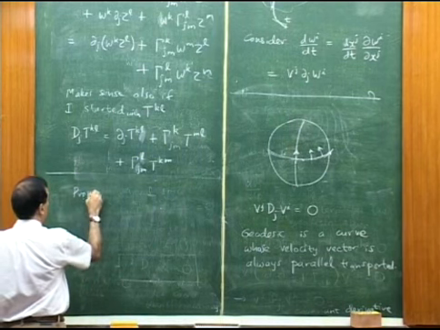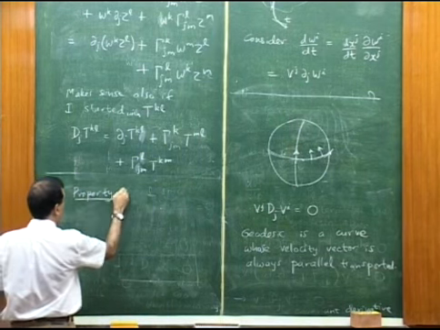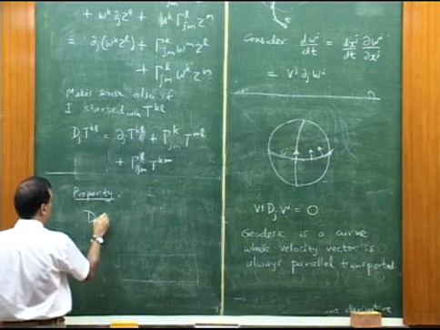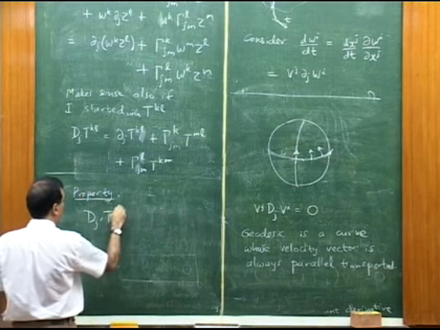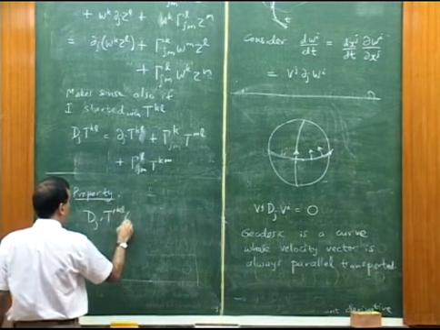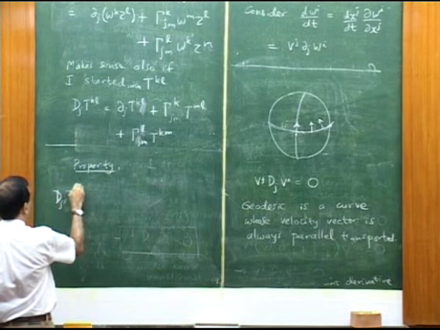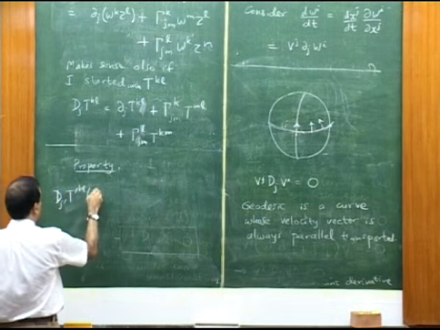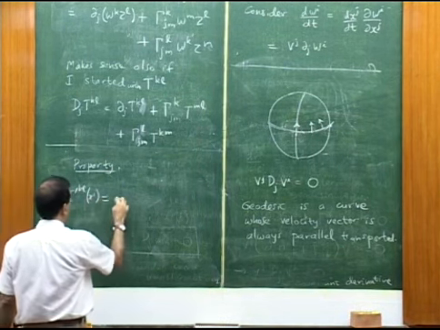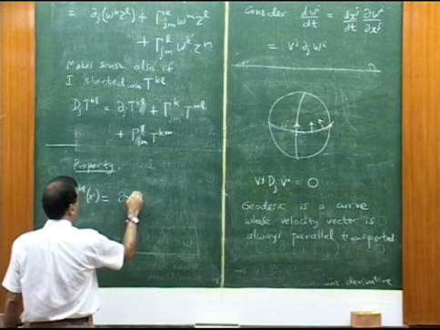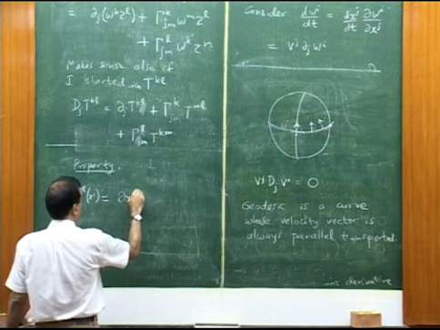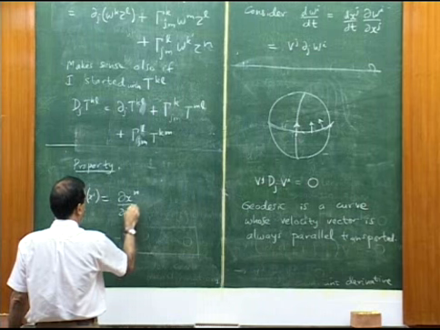So a property of the above definition is that D_j' T'_{kl}(x') is going to be given by dx^m/dx'^j, and so on.